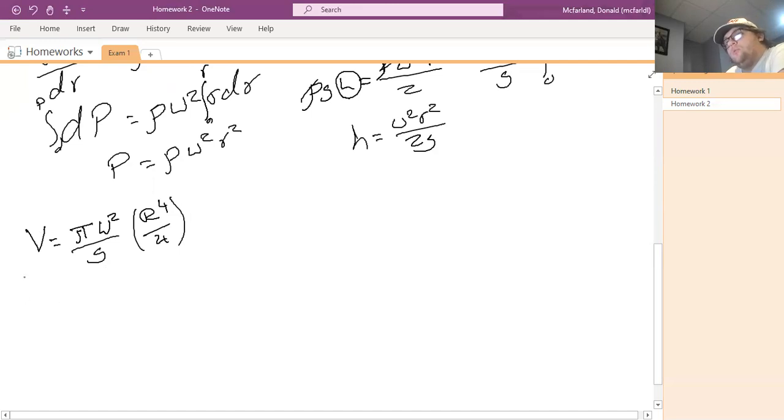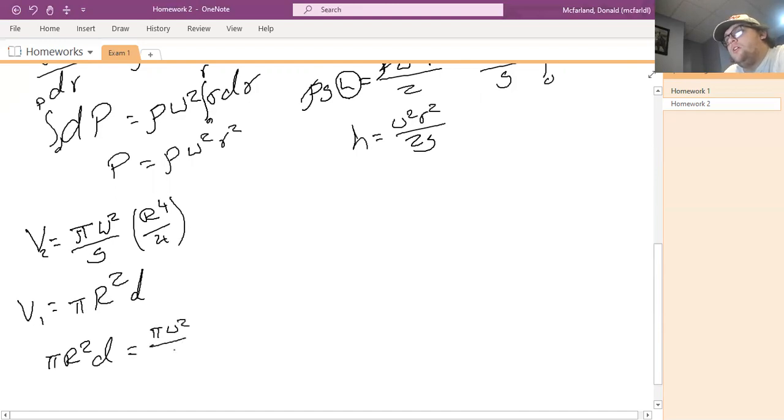Remember, V1 is equal to V2, and V1 is just a simple cylinder. So our radius is big R, so it's pi R squared, and then the height of that area is just d. So we're going to set these two equal to each other. So we have pi R squared d is equal to pi omega squared over gravity times R to the 4th over 4.